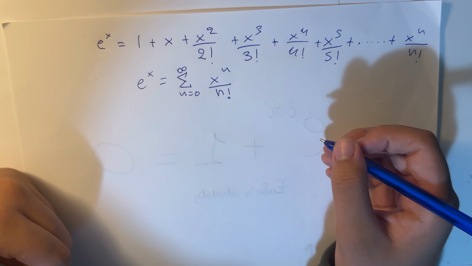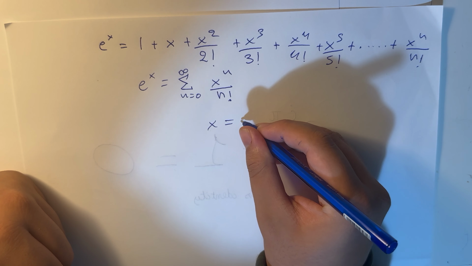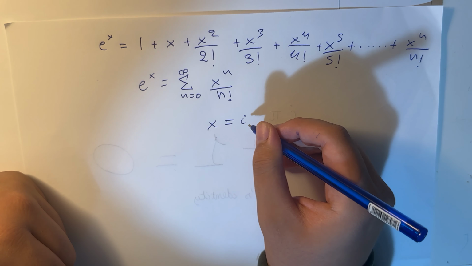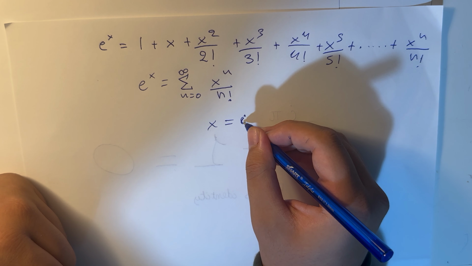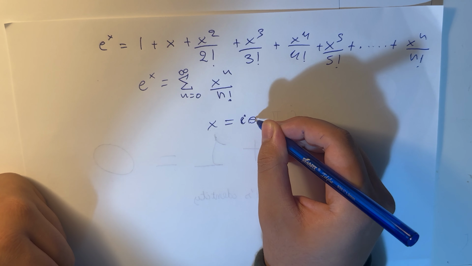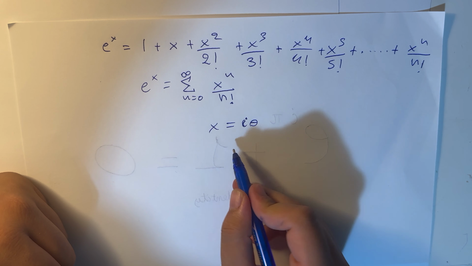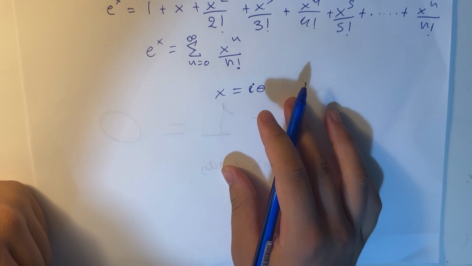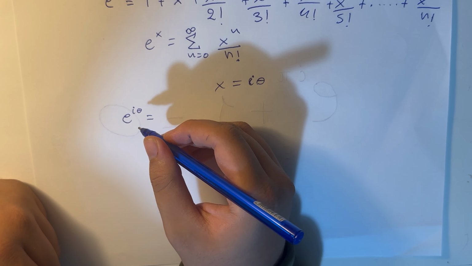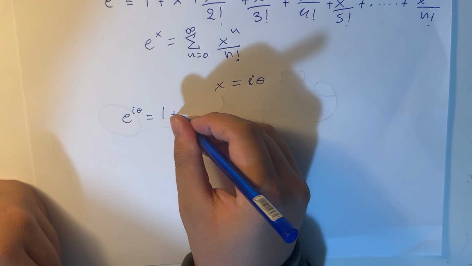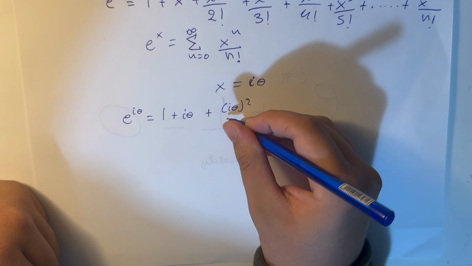So now, in order to actually derive Euler's identity, I'm going to set x equal to i, the imaginary number, the square root of -1, times some arbitrary variable that I can pick here, let's say theta. So now I'm going to rewrite the Maclaurin series expansion, but with i theta instead of just x. So let's do that. So I have e to the i theta is equal to 1 plus i theta plus i theta squared over 2 factorial.